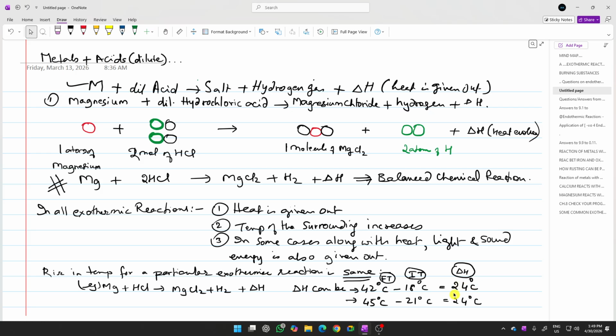It will not be 24, it will be more. So depending upon the quantity of the metal or the acid you are taking, depending upon which metal or which acid you are taking, the rise in temperature may be different. But for one particular fixed amount of magnesium and hydrochloric acid, you will get the rise in temperature as the same.